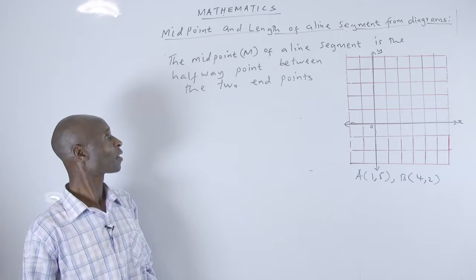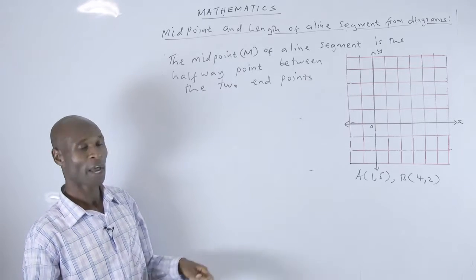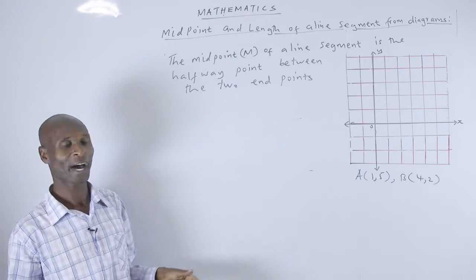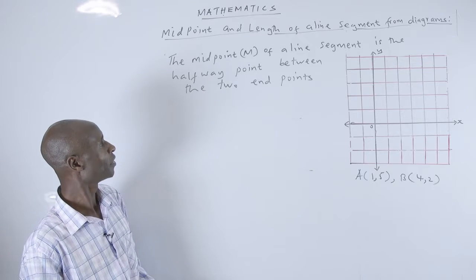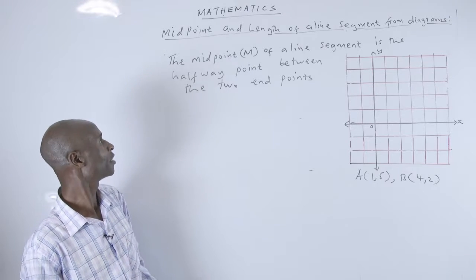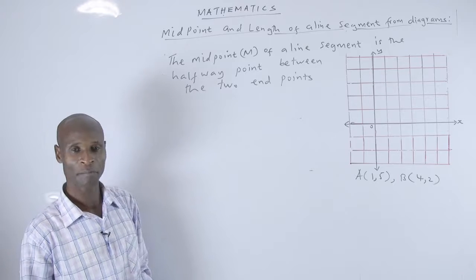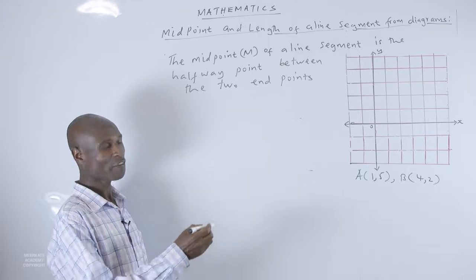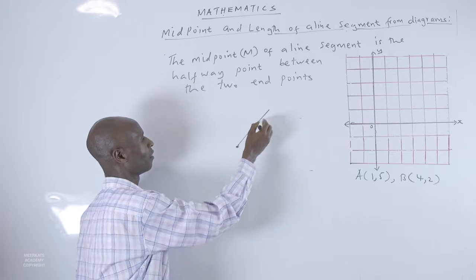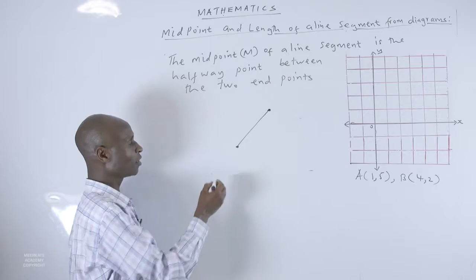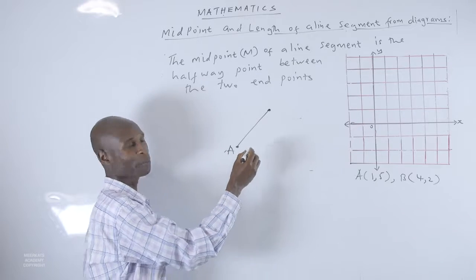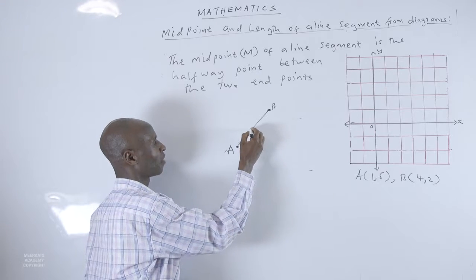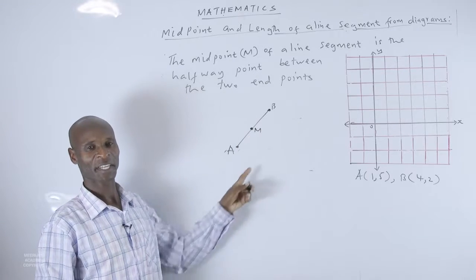Midpoint, abbreviated as M, is defined as the halfway point between the two endpoints of a line segment. So that means if we have a straight line with the two endpoints, suppose we call them A and B, then the midpoint of that line segment A and B can be obtained.